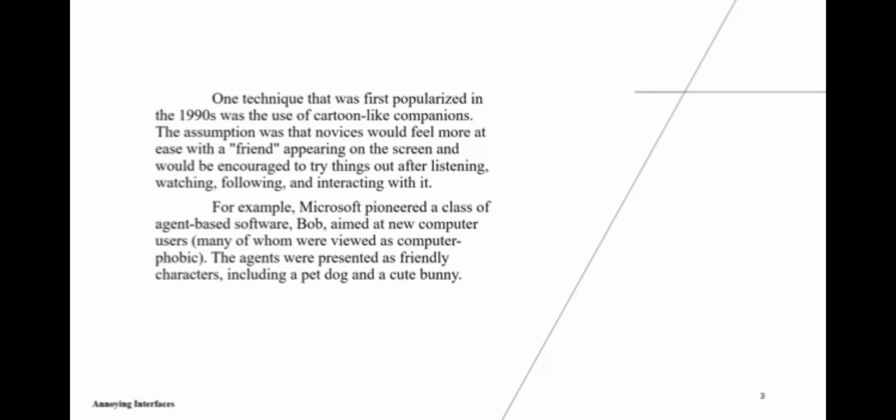An example of this is Microsoft, which pioneered a class of agent-based software called Bob, aimed at new computer users, many of whom were viewed as computer phobic. The agents were presented as friendly characters, including a pet dog and a cutie bunny.